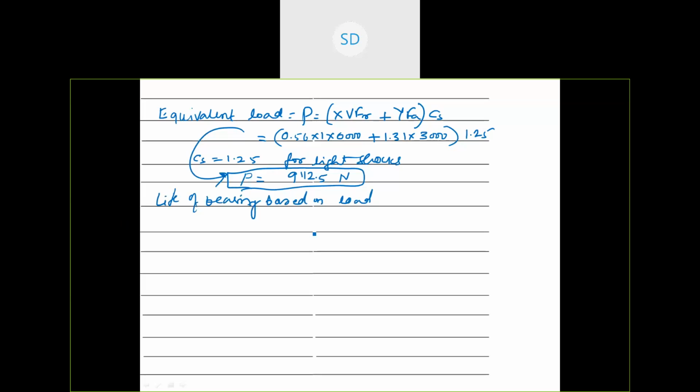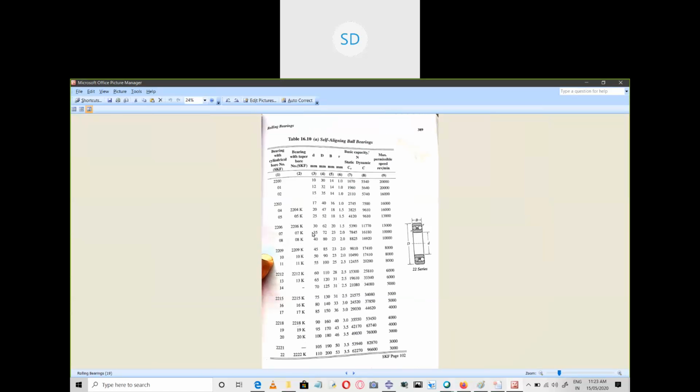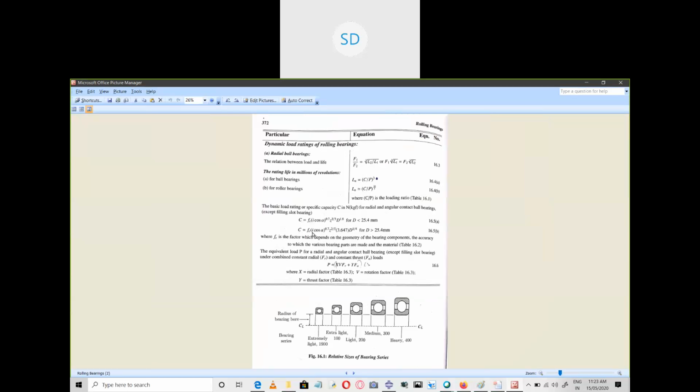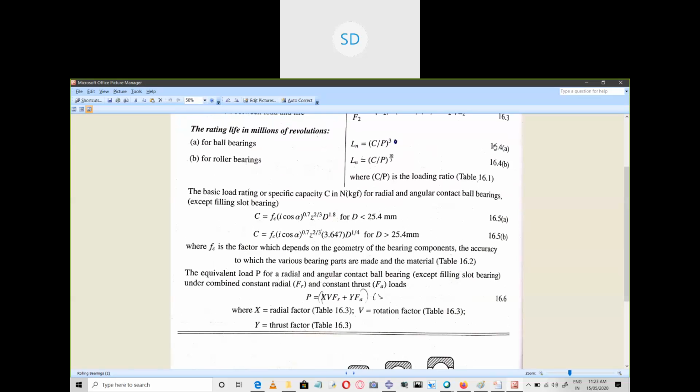Okay. We'll go for the data handbook. You refer equation number 16.4a. Ln will calculate.